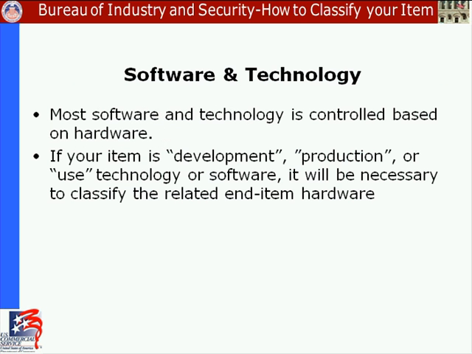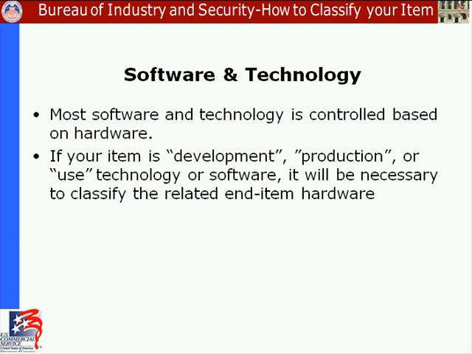So far it sounds like we're talking about commodities only, but not really. We could also apply this to software and technology. There are a few exceptions where we describe the technology or software in detail in certain ECCNs. For example, coating technology in 3E003. You know, E stands for technology, right? In 3E003, we clearly describe the coating technology.